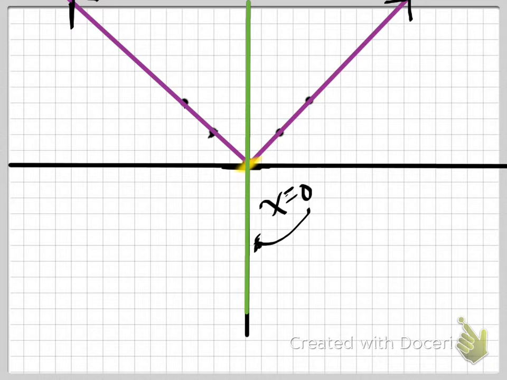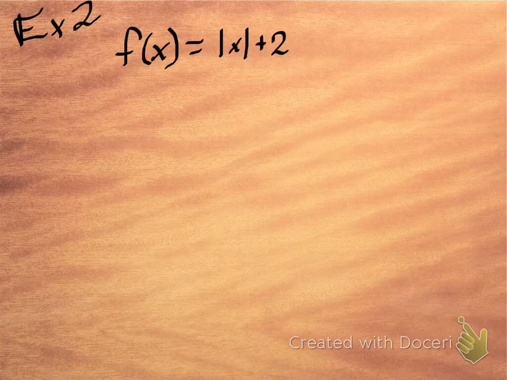That's this line right here. This point here is called the vertex. My vertex in this problem is at (0, 0). Let's go on to this next one real quick, and I'll go back to that.